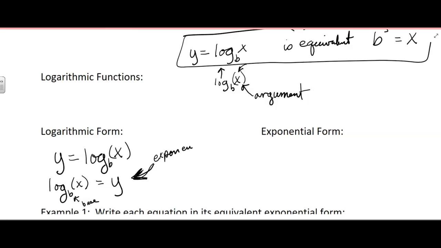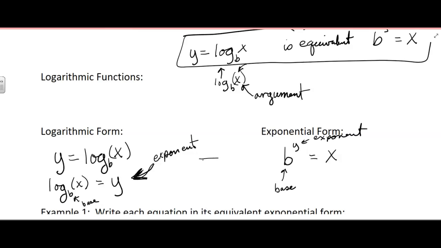A logarithm, then, is representing an exponent. In exponential form, b to the y equals x, that we're a little more used to seeing because we've had exponential functions. So the b is the base and the y is the exponent.